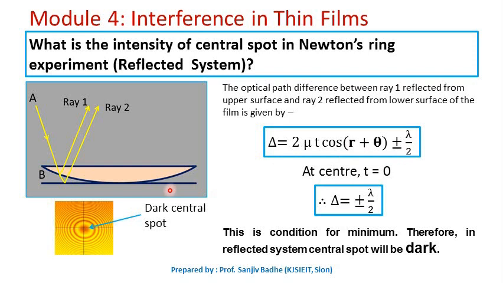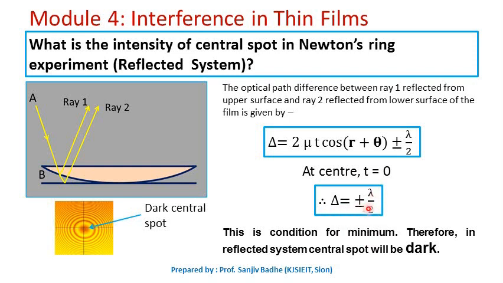Now at the central spot, the spherical surface and the plane surface are in contact, and therefore the thickness of the film t is equal to 0. So the optical path difference reduces to plus or minus lambda by 2. Optical path difference equal to plus or minus lambda by 2 is the condition for minimum, because we get minimum when the optical path difference is an odd integral multiple of lambda by 2.